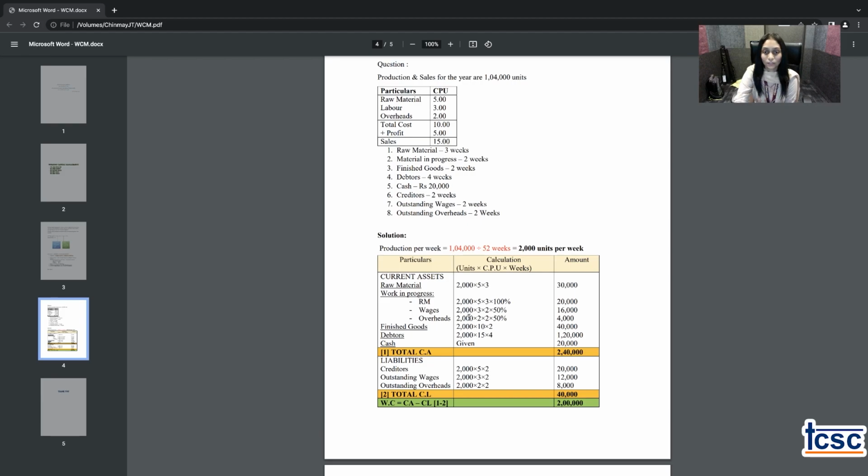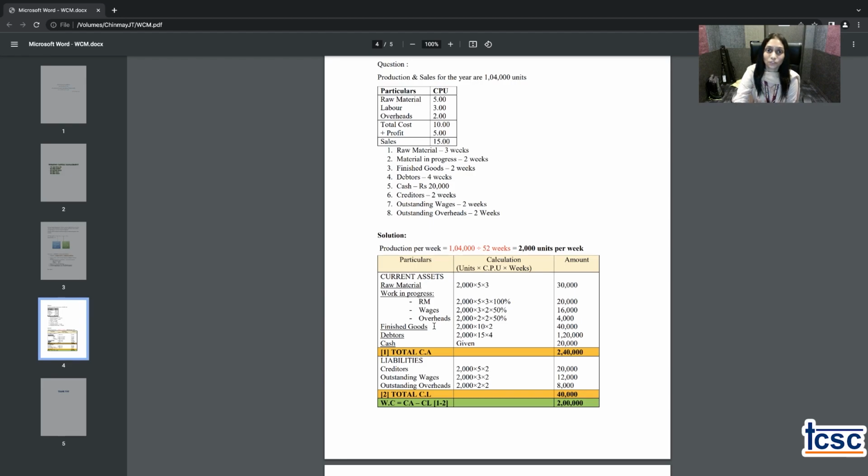Overheads, again 2000 into overheads, if you see in the question, it is 2 per unit, so it is multiplied by 2 into the time lag for material to be converted is 2 weeks, so into 2 weeks into 50% will give you 4,000. After raw material and work in progress, the next is your finished goods. I hope you remember finished goods are to be valued on the total cost.